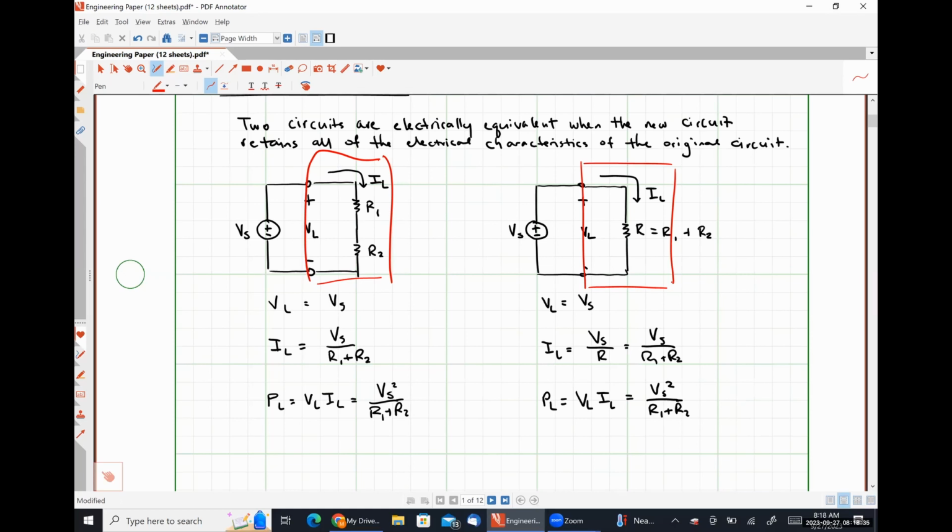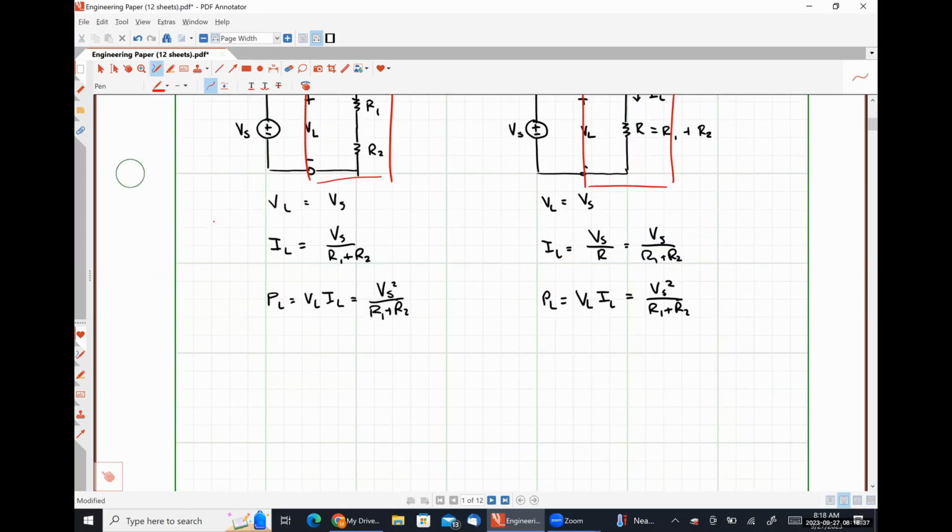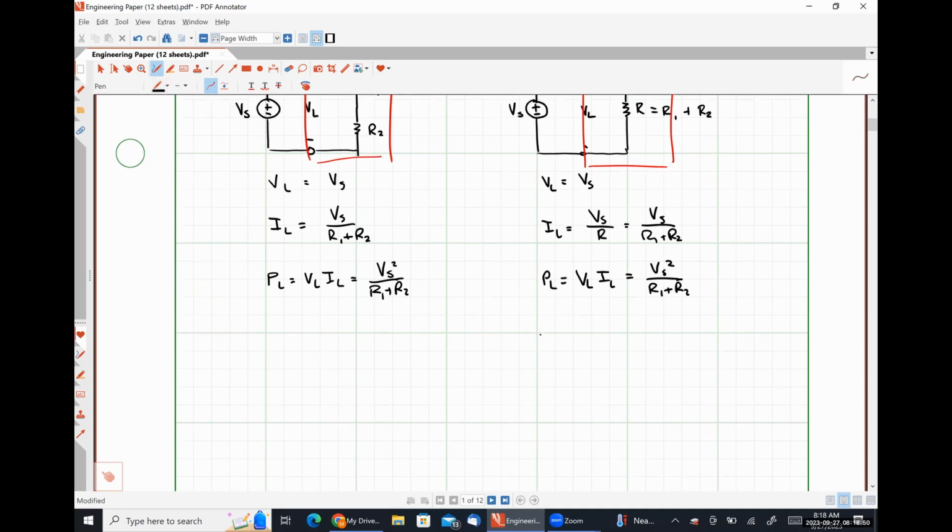So now, let's do the same treatment with our practical sources and see if we can tease out what conditions need to be met for them to be electrically equivalent. So over here on the left, I'm going to have a practical voltage source. So my voltage source is in series with some resistance RS.